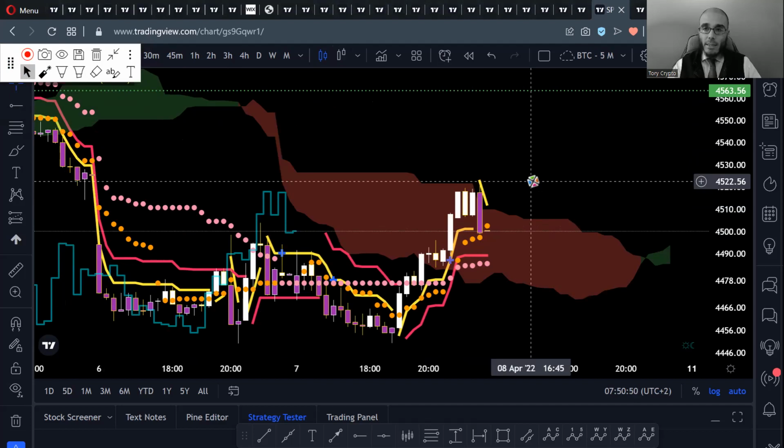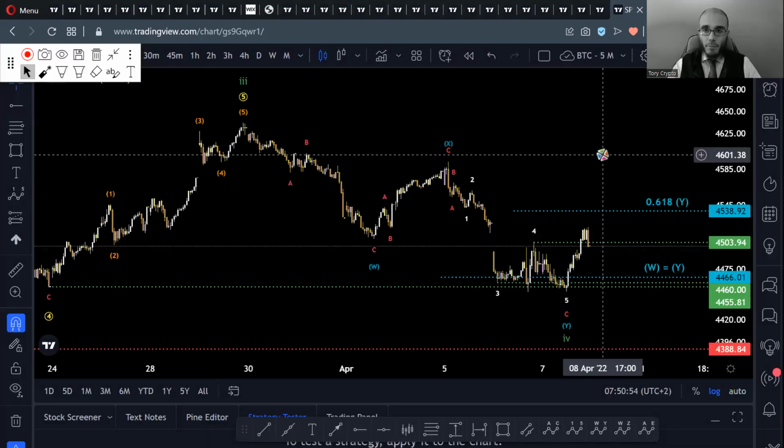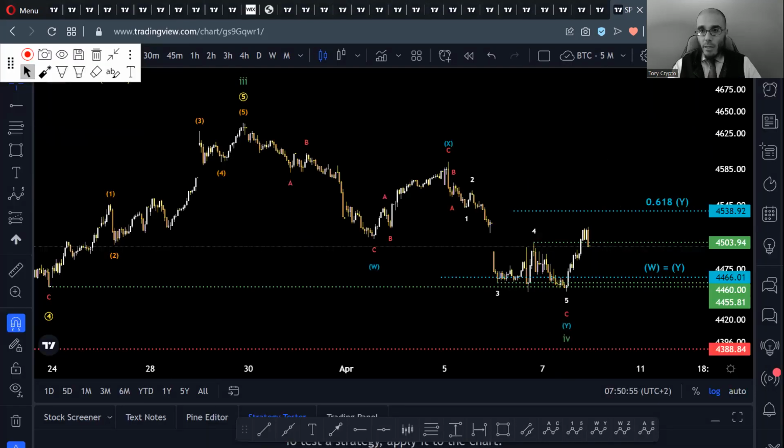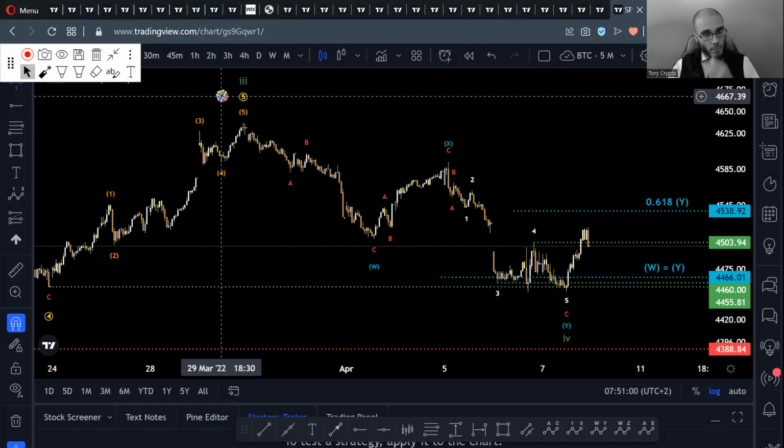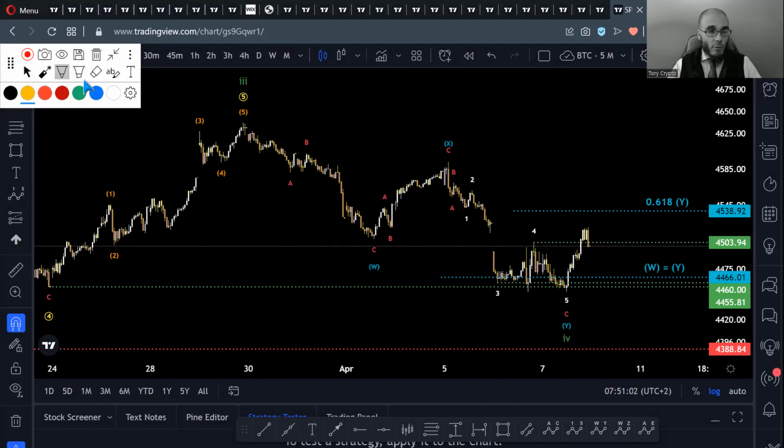Now let's take a look at the Elliott wave count on the S&P. So here we have the Elliott wave count on the S&P. As you can see, we had the top of wave 3 up here, and then W, X, and Y. So you had a zigzag down.